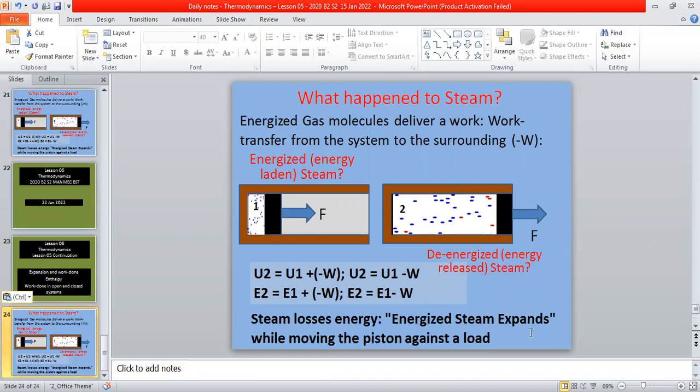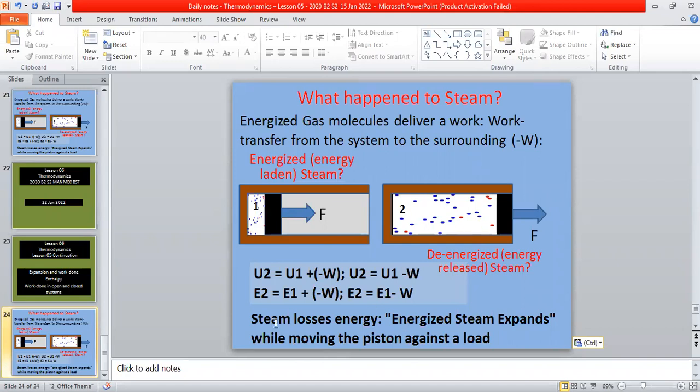During the work done, the piston moves, which means the gas, the steam, expands. When the steam expands, that pushes the piston and performs mechanical work.